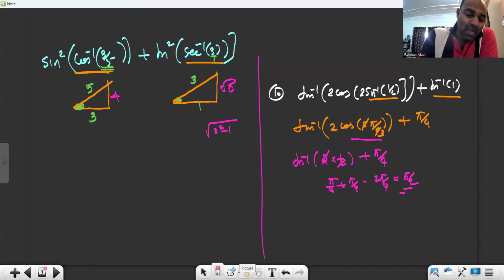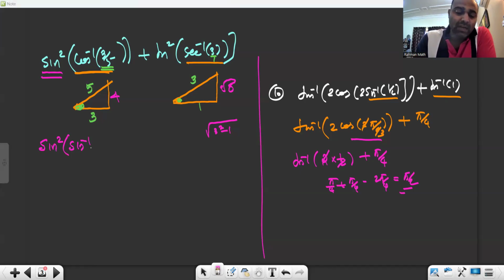Now, listen. Outside sine square, so inside should be sine inverse. What is sine definition? 4 by 5. Outside sine is there, inside should be sine. Plus tan square.